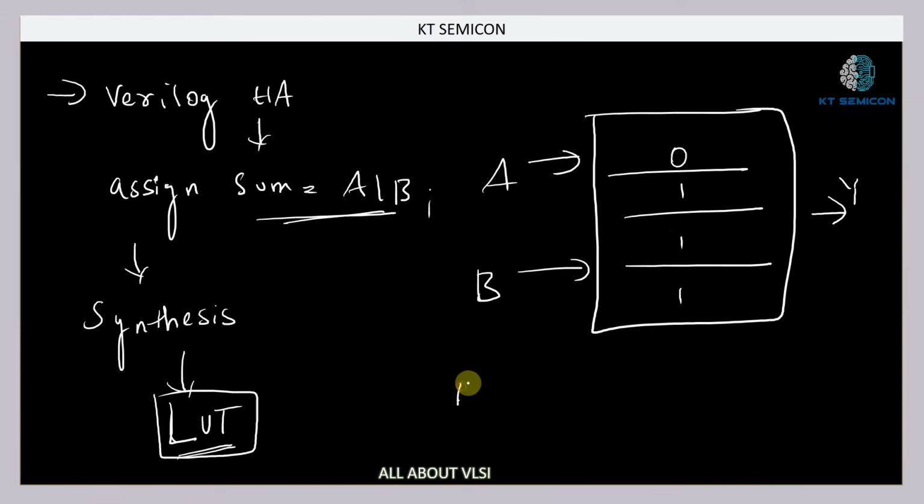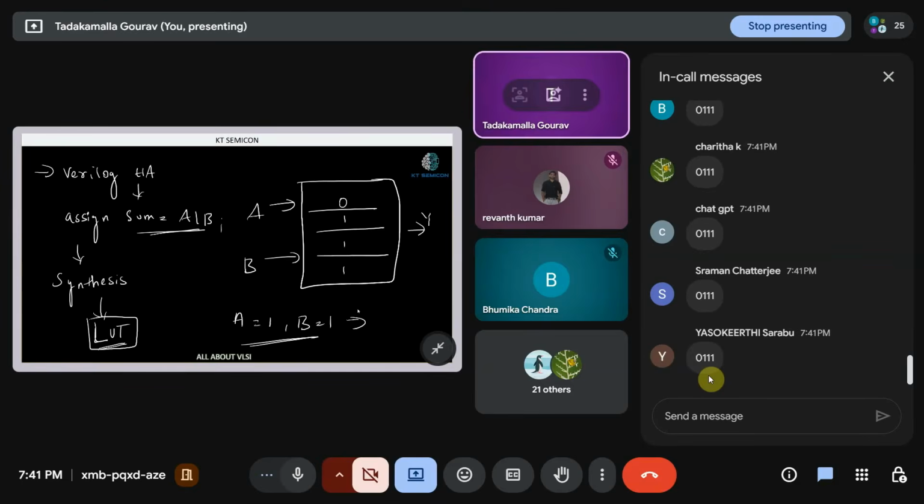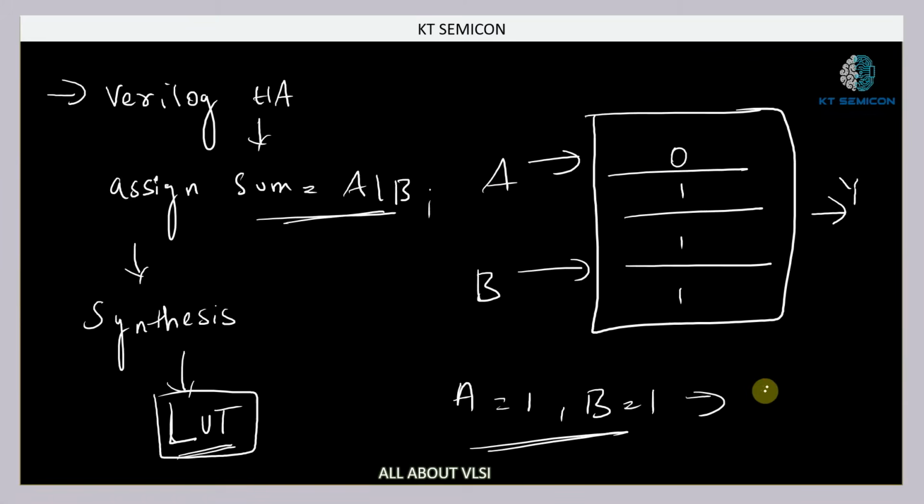Now, let's say the user gives A equal to 1 and B equal to 1. What will be the output you are going to get? Can anyone tell me whether the output LED should glow or should not glow? Yeah, in this particular case your output LED is going to glow.